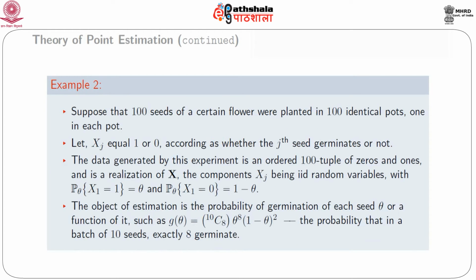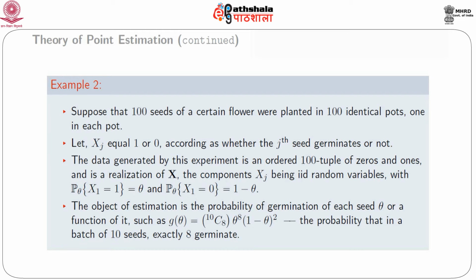Example 2. Suppose that 100 seeds of a certain flower were planted in 100 identical pots, one in each pot. Let Xj equal 1 or 0 according as whether the jth seed germinates or not.